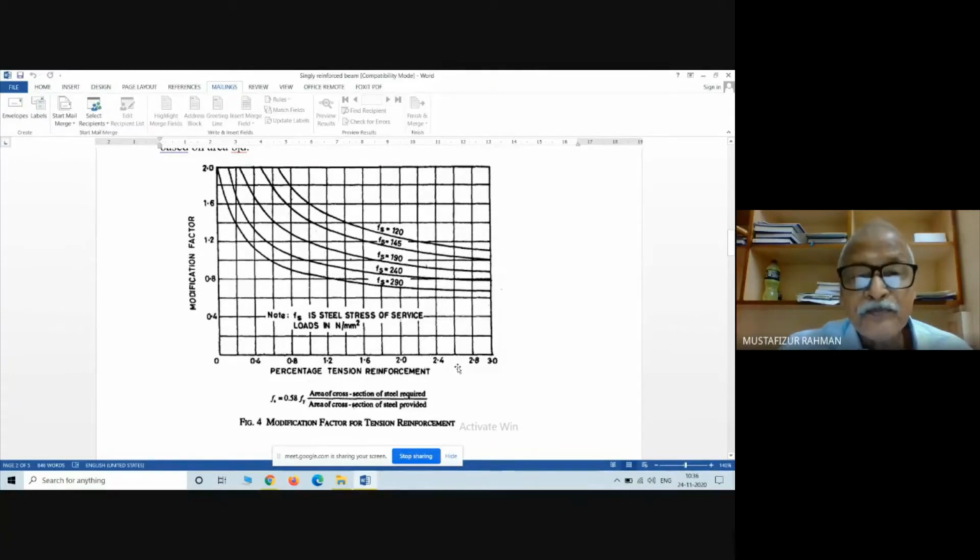Now from the percentage of steel, see here the value of Fs.